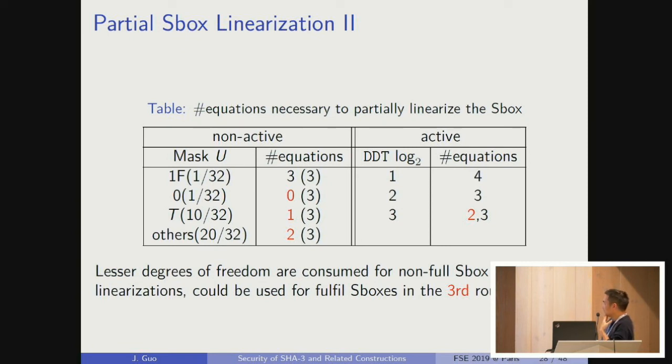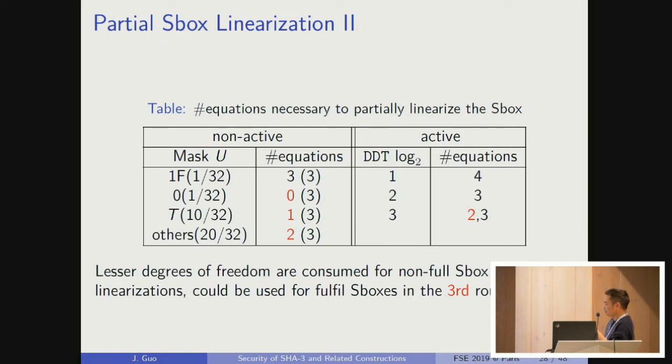But notice that for full linearization, for all these cases, we need 3 bits. And for active S boxes, there's a case where we need only 2 equations instead of 3. So we save quite a lot of degrees of freedom by doing this, and then we can make use of this degree of freedom, meaning linear bits, to fulfill some S boxes in the third round.